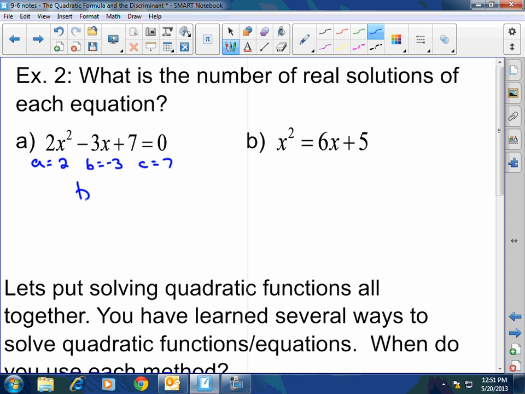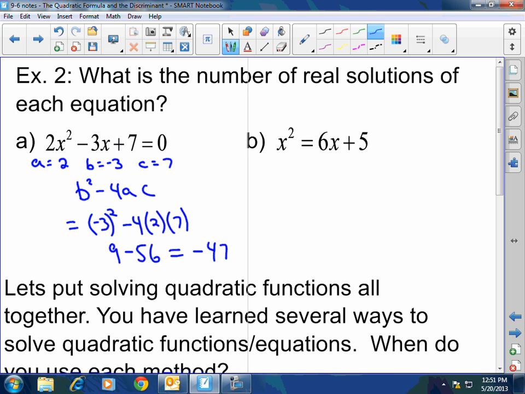So, it's b squared minus 4 times a times c. So, b squared is -3 squared minus 4 times a times c. This is 9 minus 56. 9 minus 56 is going to be negative 47.